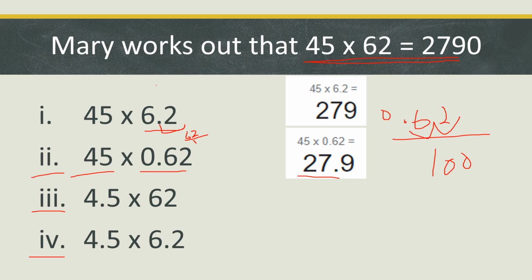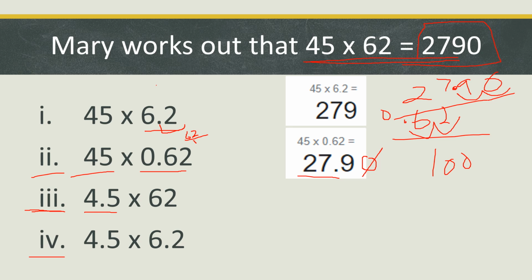So we're going to divide the answer up here by 100 as well. So 2790 divided by 100, which means that we're going to move 2 times to the left. We'll get 27.90, but since 0 has no value, we aren't going to write it. Let's move on to question 3.